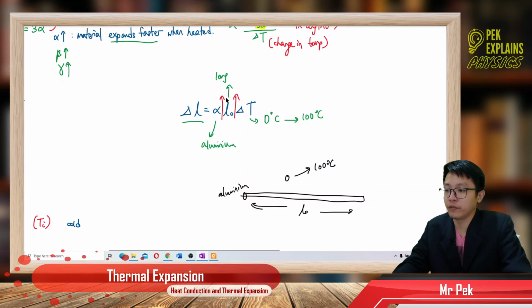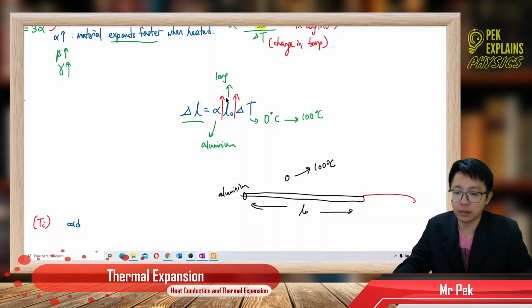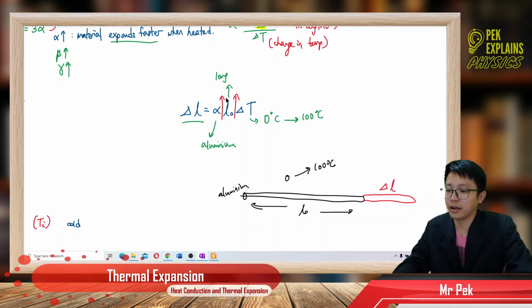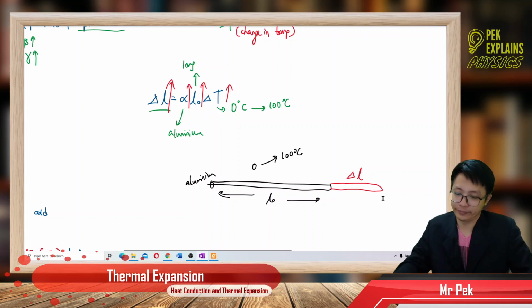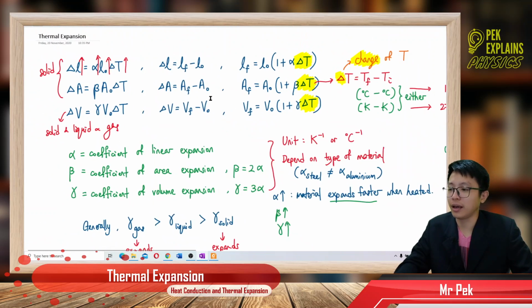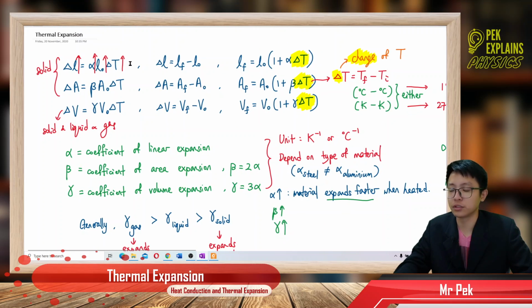Then it will have a lot of expansion. Understand? So with these three factors, the higher the alpha, the higher the initial length, the higher the change in temperature, the bigger the change in length. They are proportional to these three factors.